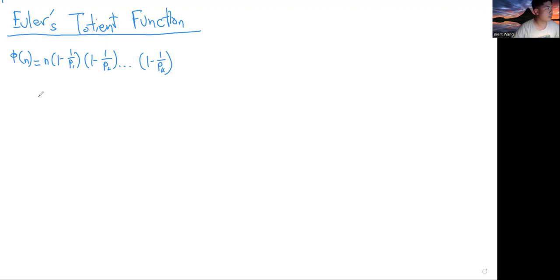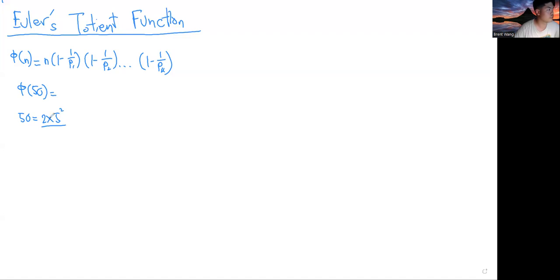So let's just do something like phi of 50. First of all, 50 is equal to 2 times 5 squared. That's the unique prime factorization.